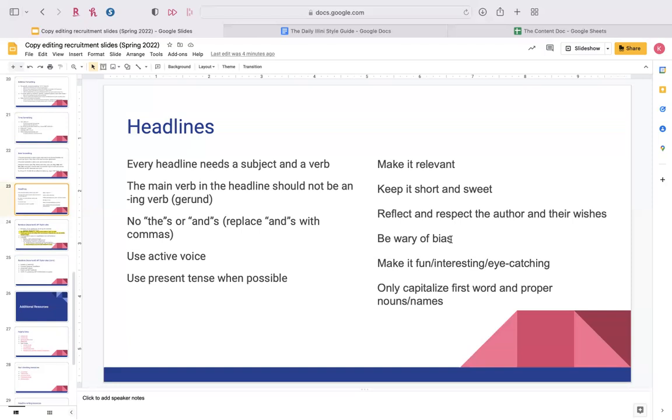An opinions one is obviously going to have bias because that's the section. Try to make it fun, interesting, and eye-catching. The only words to be capitalized will be the first word and anything that's a proper noun or name. You can also use a colon, which basically starts a new phrase or sentence.